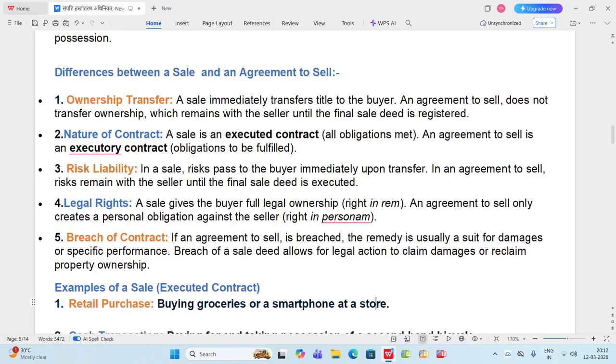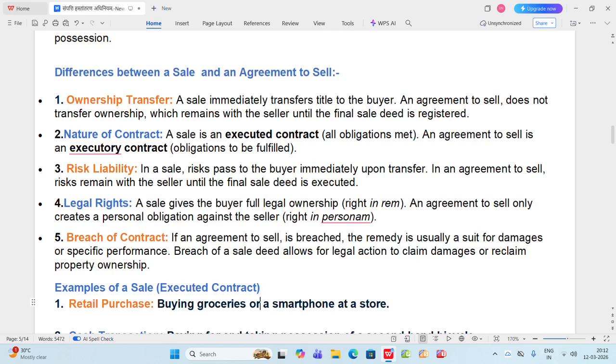If there is a breach regarding a sale deed, means what has been given is not found correct, not found up to satisfaction, then there may be legal action to claim damages or reclaim property ownership. So this is the difference, breach of contract. So friends, these were the basic differences between sale and an agreement to sell.